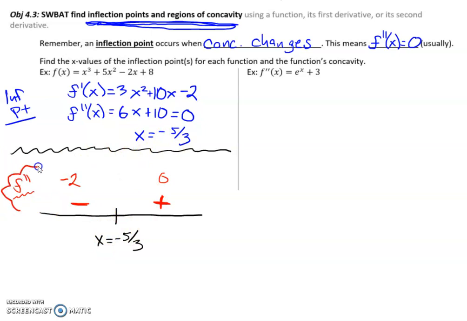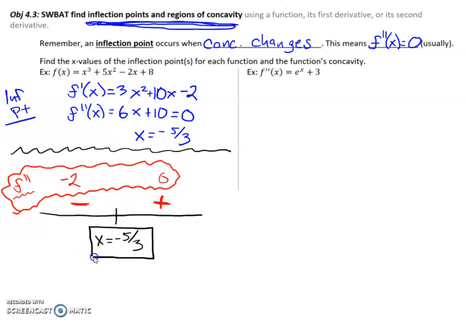So everything that we just did here is kind of mental scratch work. You could have chosen other numbers other than negative 2 and 0, they just had to be on either side. So we have a graph that is concave down followed by concave up. I'm going to erase what I just did. It's not necessarily decreasing. I just wanted to show you what that looks like. So our only answer for inflection point is negative 5/3.